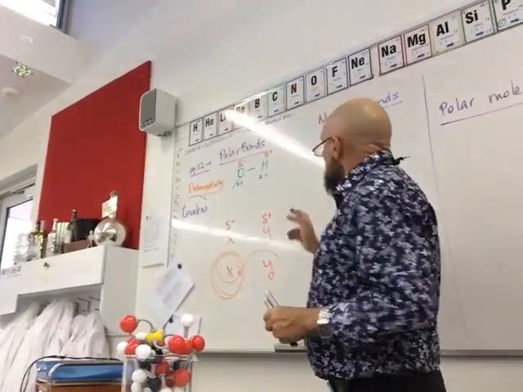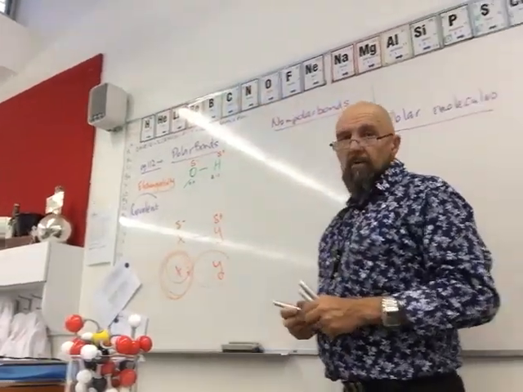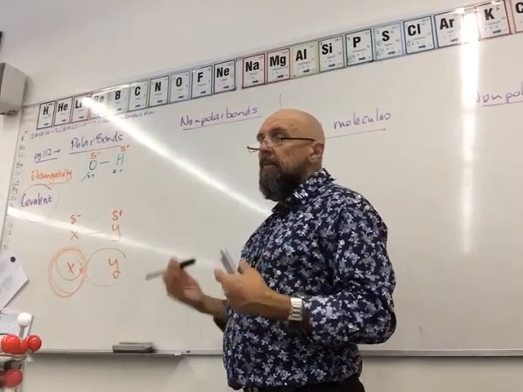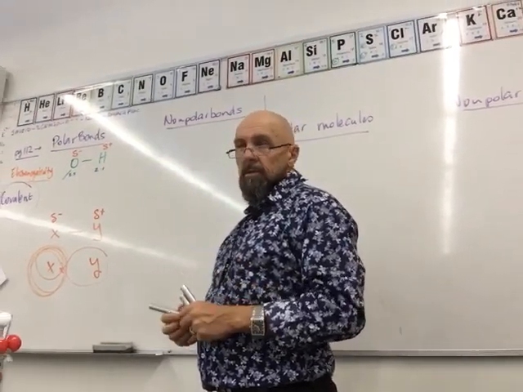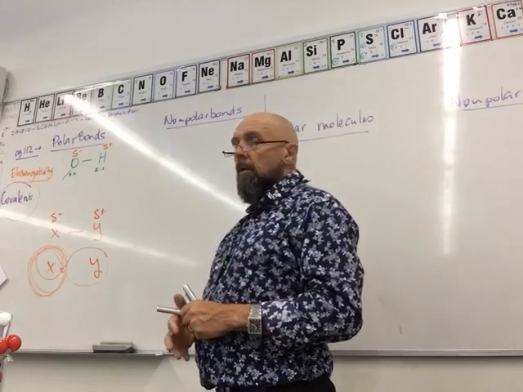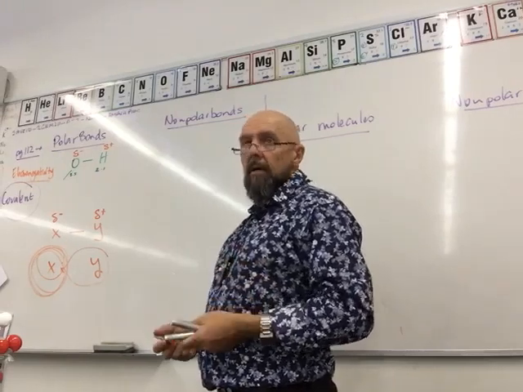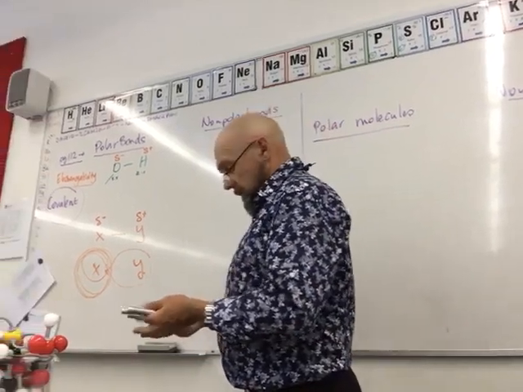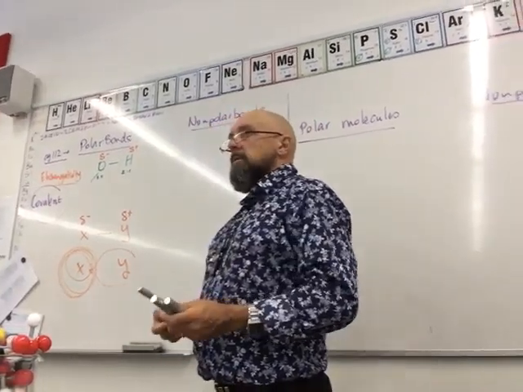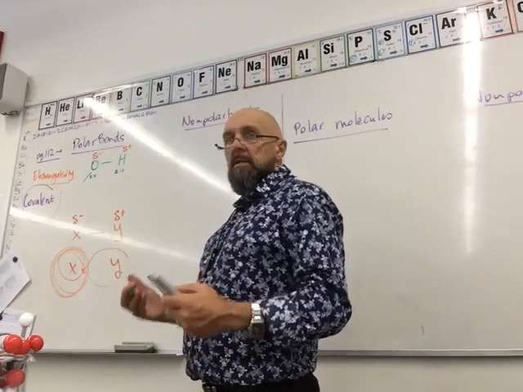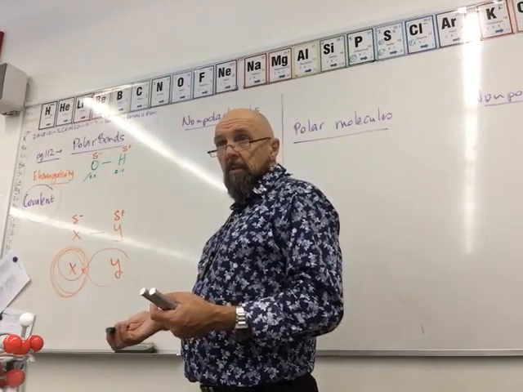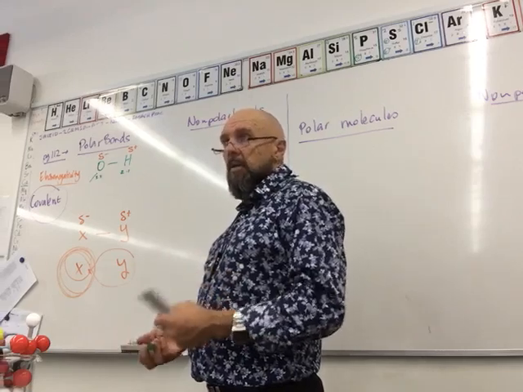Alright, now, the next one is a non-polar bond. Okay? Non-polar means that the sharing is even between the two elements. If you're thinking, the only way that can happen is if the elements are exactly the same. That means you've got to have the same electronegativity.